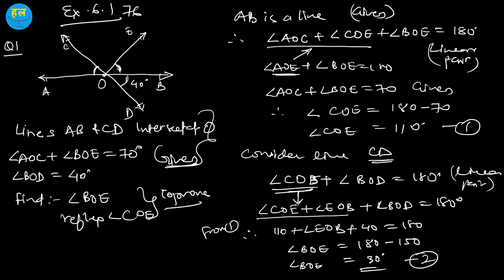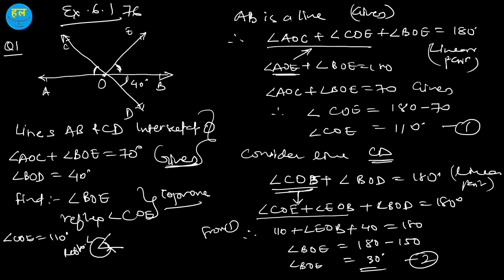Okay, what is the second part? We have to find reflex of COE. So here we already have angle COE is equal to 110 degree, and we already know that for any angle, this is the angle, and the remaining part here is called reflex angle.